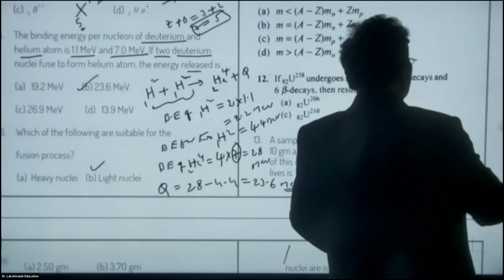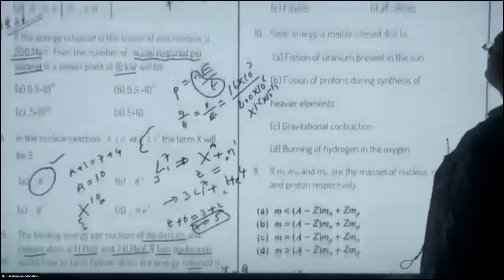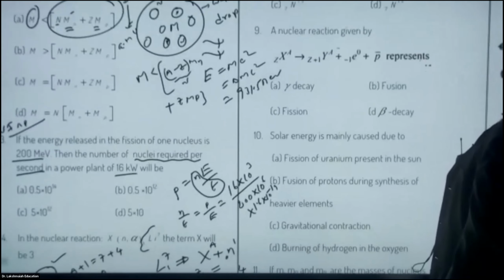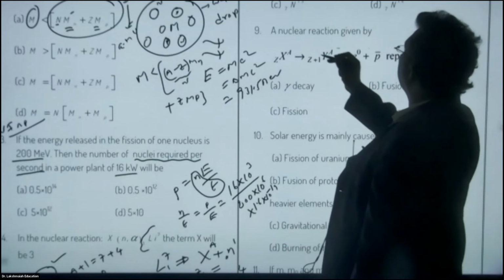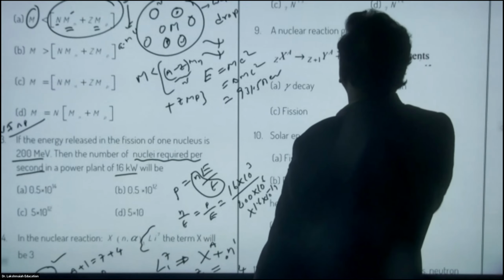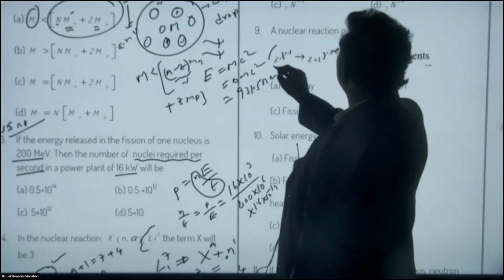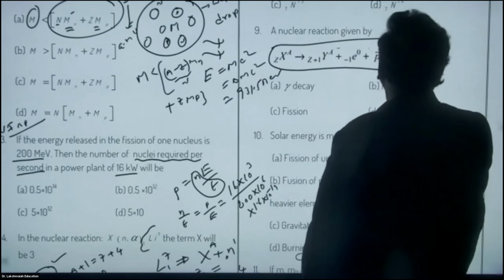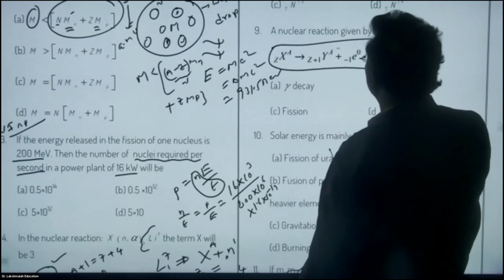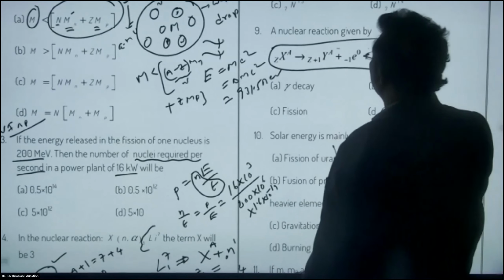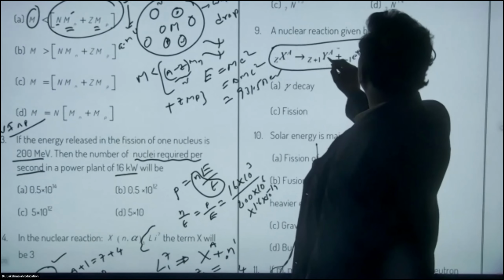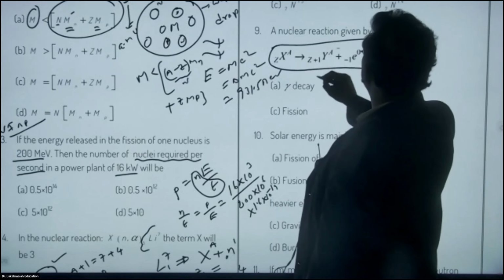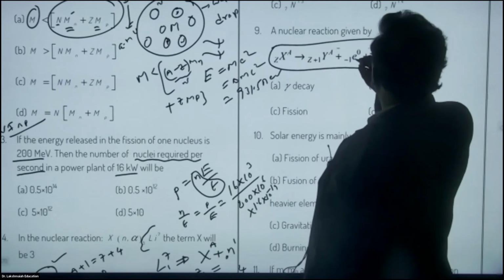Next question. What is the next question? See, a nuclear reaction is given by this one: ZXA gives Z plus 1 Y A plus an electron.